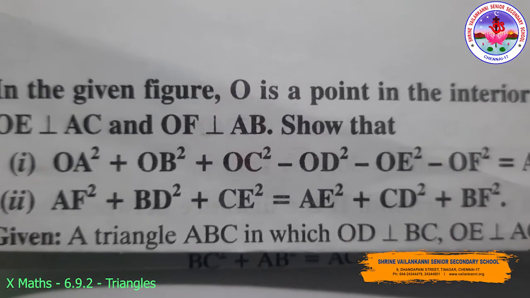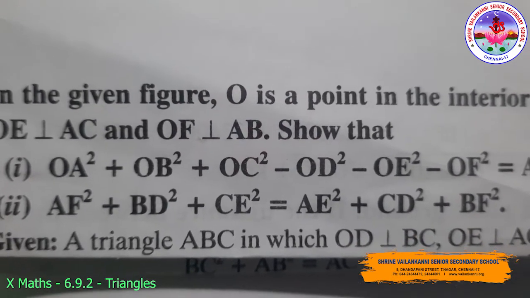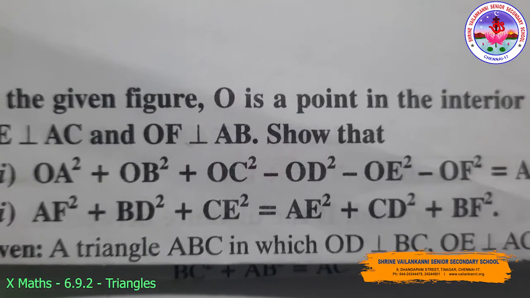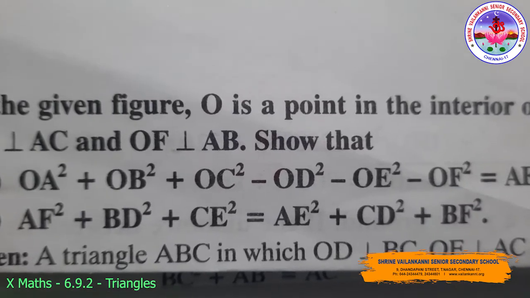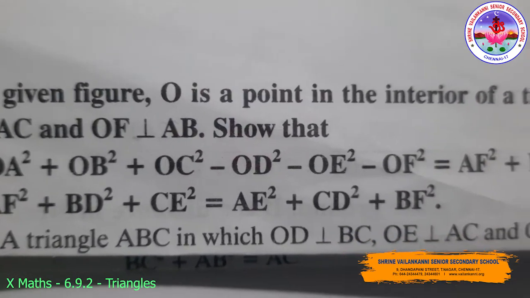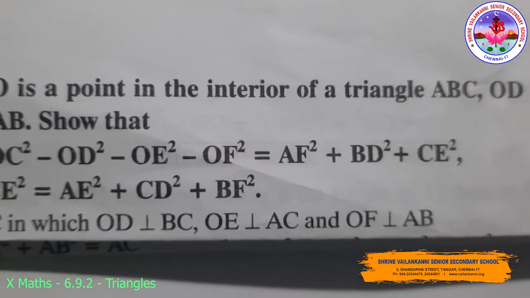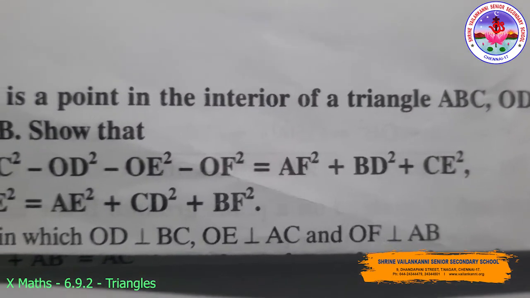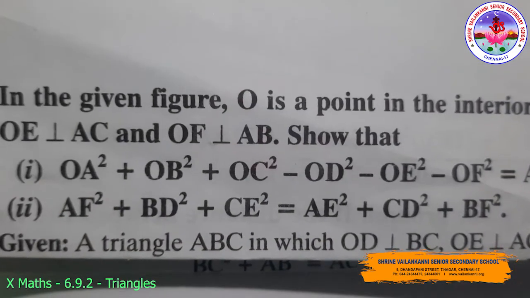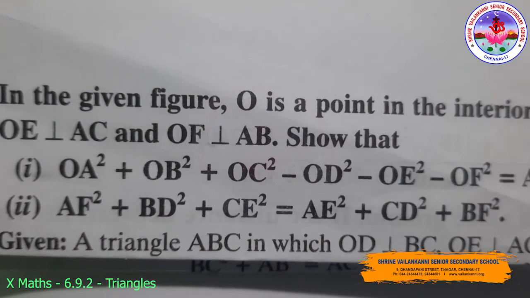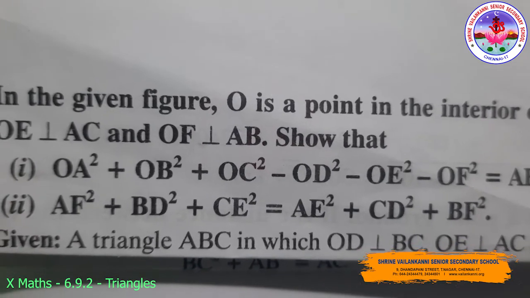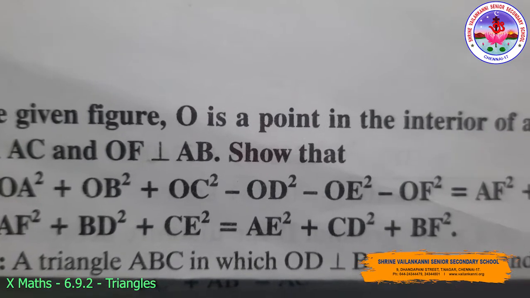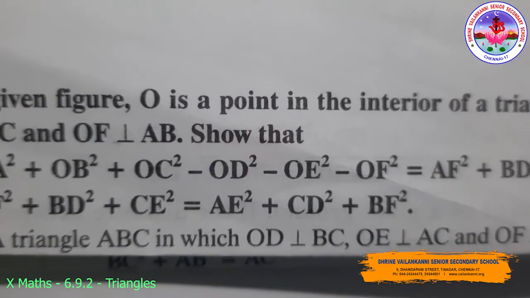Show that OA square plus OB square plus OC square minus OD square minus OE square minus OF square is equal to AF square plus BD square plus CE square. Second subdivision: AF square plus BD square plus CE square is equal to AE square plus CD square plus BF square.